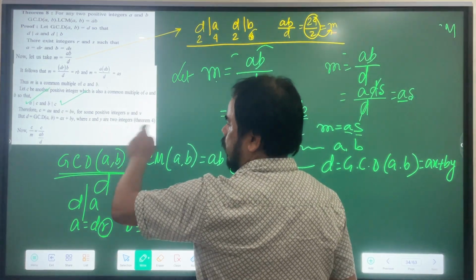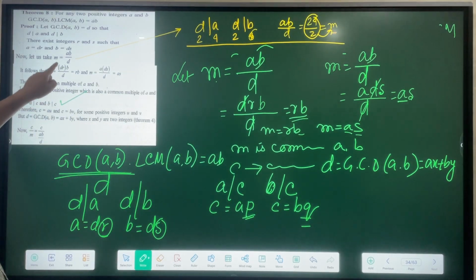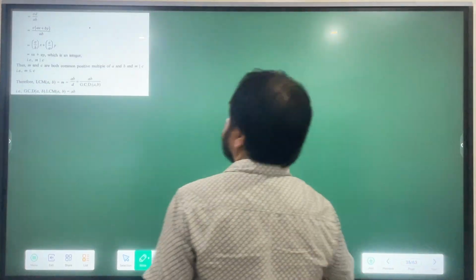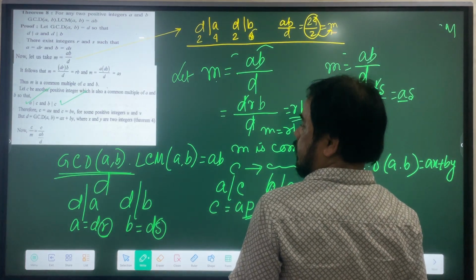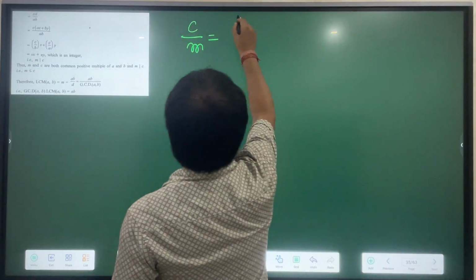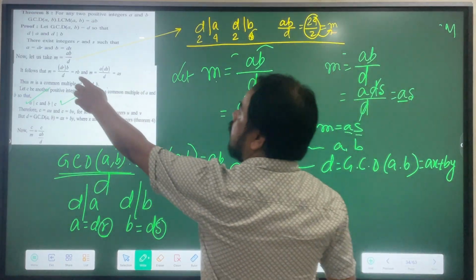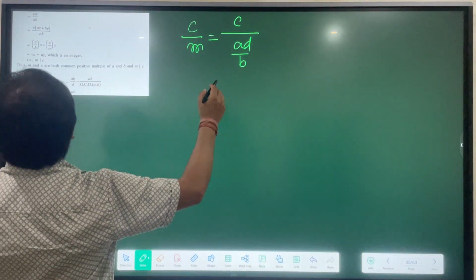Theorem number 4. Now C by M equals C by AB by D, since M is the LCM, which we have taken as AB by D. C we have taken as another positive integer.